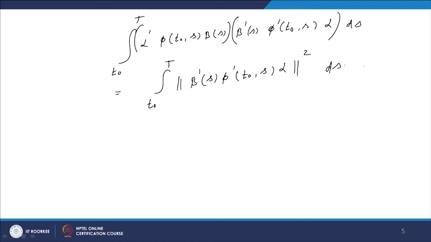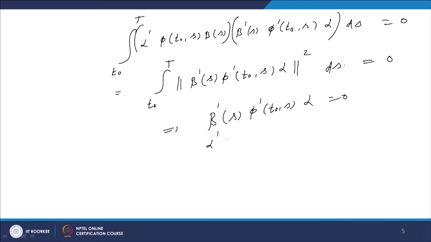So, if this is equal to 0, that is what we have obtained. If it is a positive function, and if the integral of the positive function is 0 during this interval T0 to T, this implies that the positive function which is available inside is itself 0, or its transpose is also equal to 0.